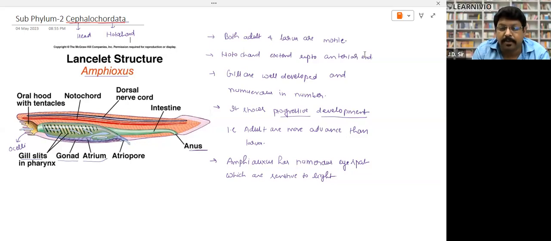It is not motile, right? Larva is motile, means the larva can roam here and there in the water, but the adult cannot move anywhere because it gets stuck at a particular rock or the ocean floor. All clear? Yes, sir.